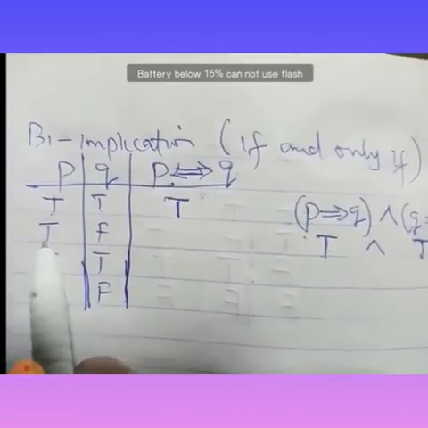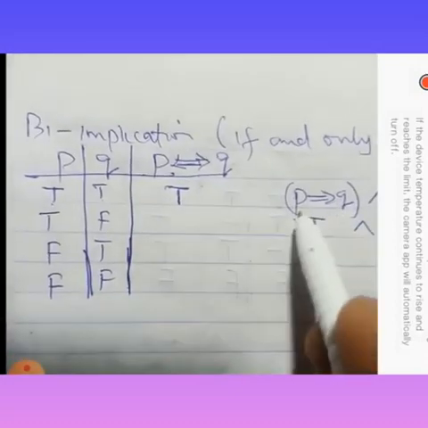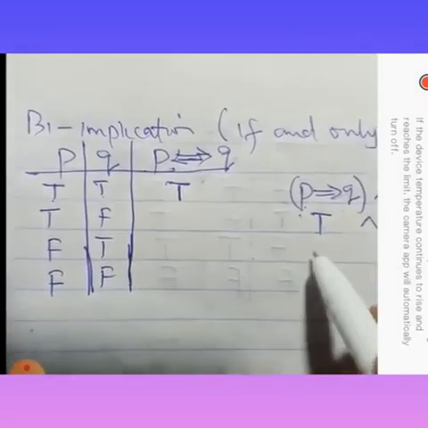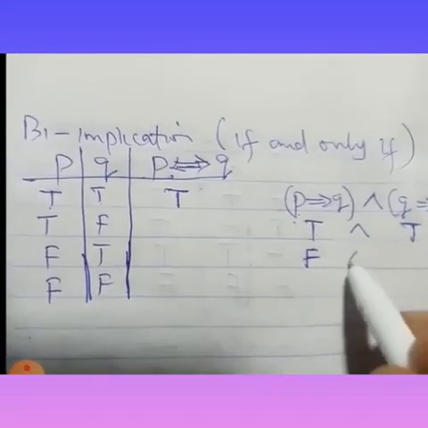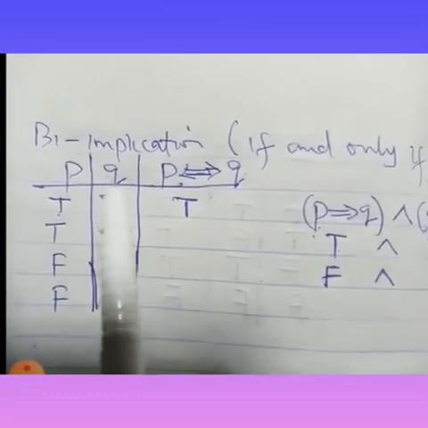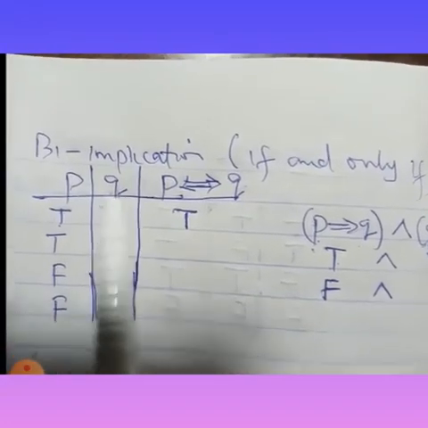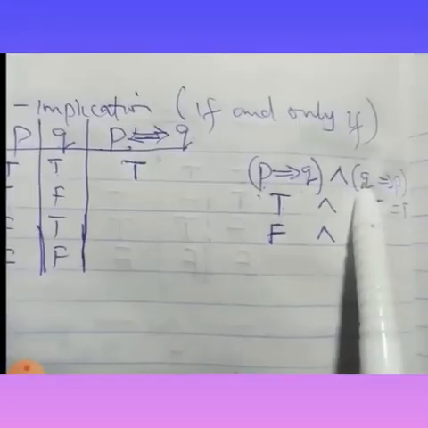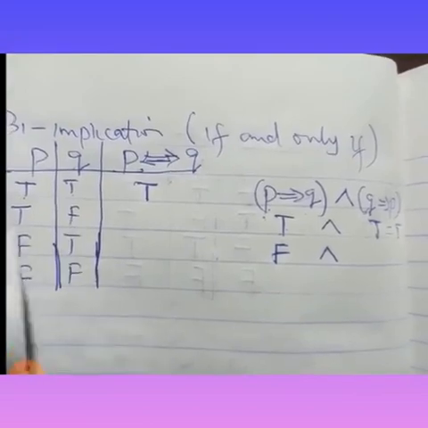Then the next one is true, false for by implication. For true implies false, of course, we have false. And now coming back, look at our Q. This is our Q. We are moving from statement Q to P. Q implies P. So we are coming from false to true.